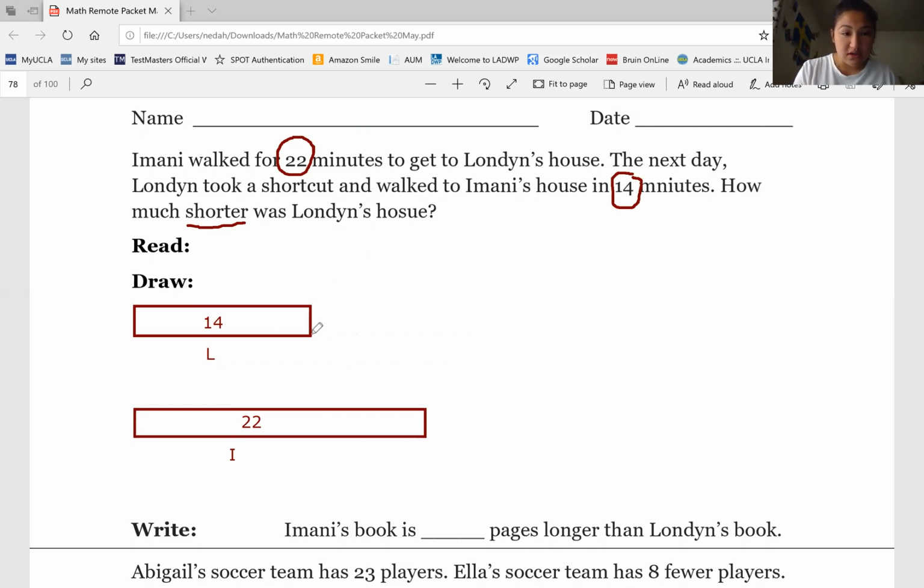Now, the question says, how much shorter was London's walk? So that means we're looking for the difference from the end of London's tape to the end of Imani's tape, this length right here.